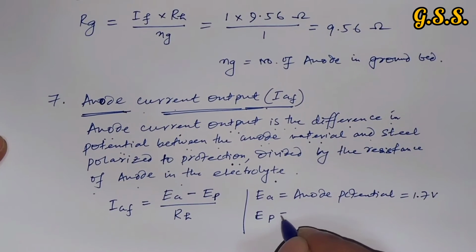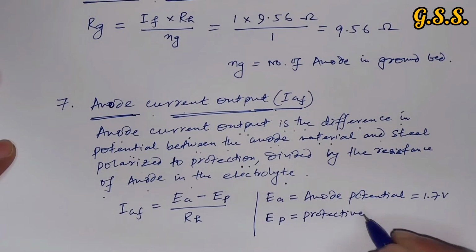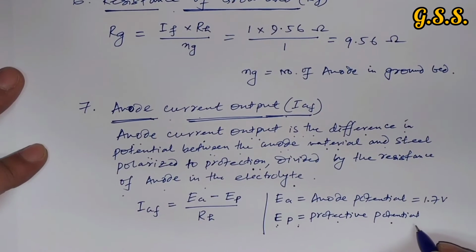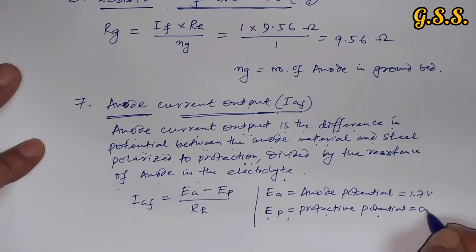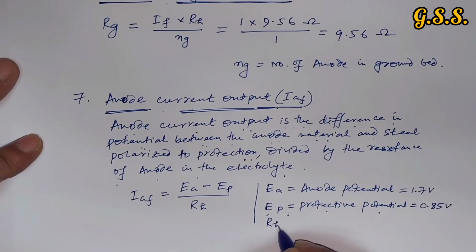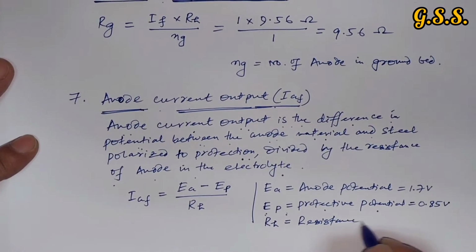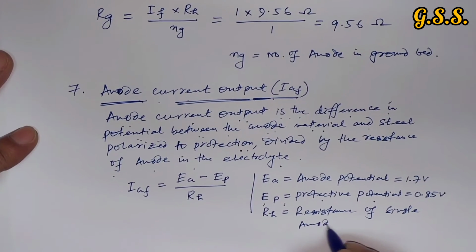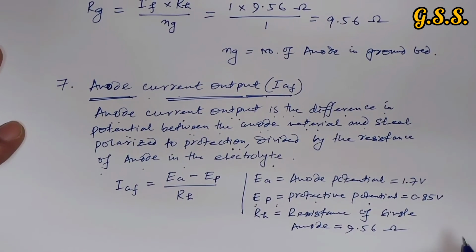EP equals protective potential, that means potential for the cathodic protection, that is 0.85 volt, and RH equals resistance of single anode, equals 9.56 ohm.